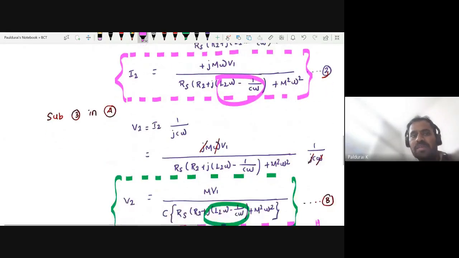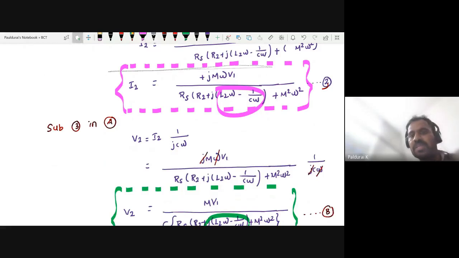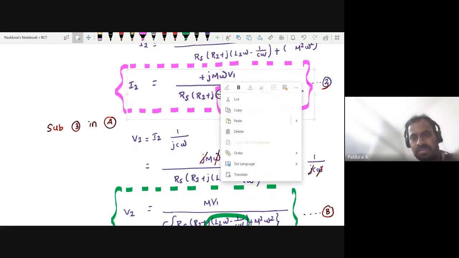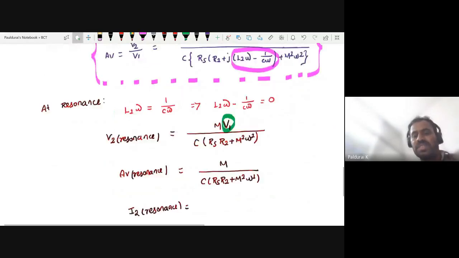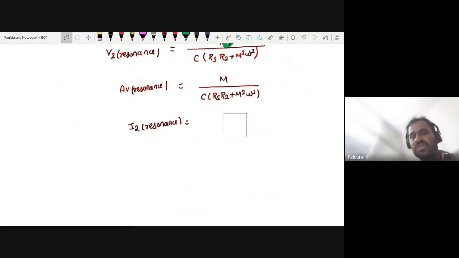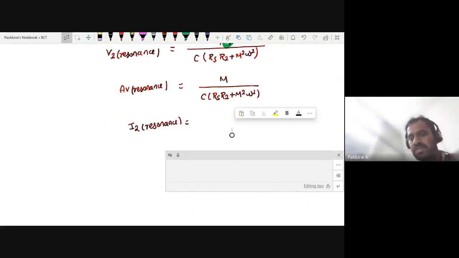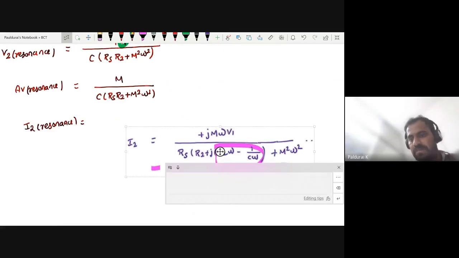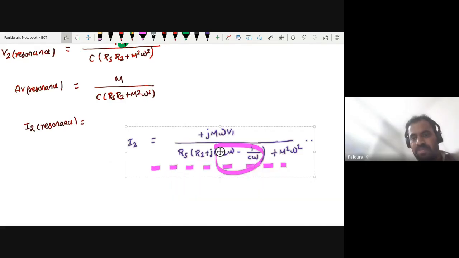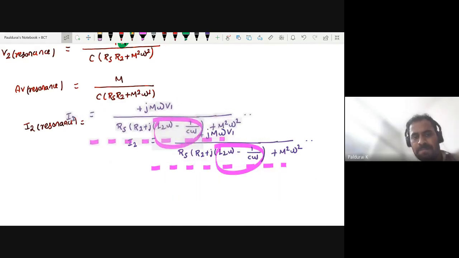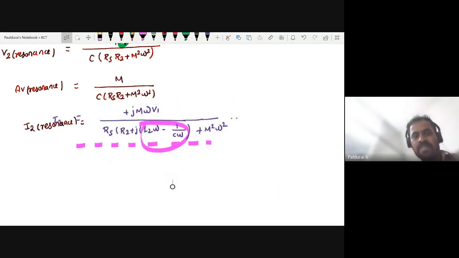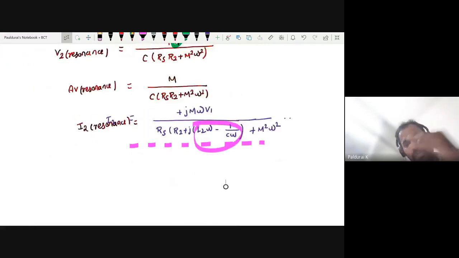Let me do one thing, let me copy this. Paste it here. So this is my I2, but here you want to make this one 0.